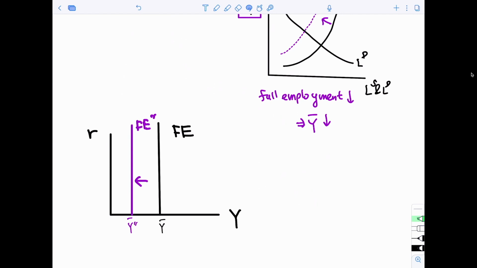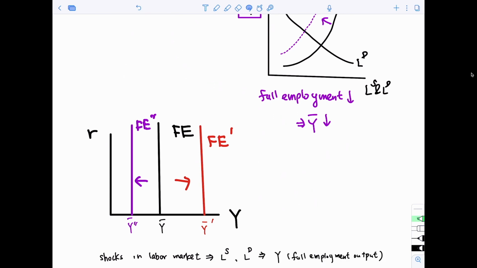For any factor that causes the full employment level to increase, it will cause the full employment line to shift to the right. Therefore, when there is a shock in the labor market, it affects the labor supply and the labor demand. Then it will affect the equilibrium quantity of labor, and then it will affect the full employment output.